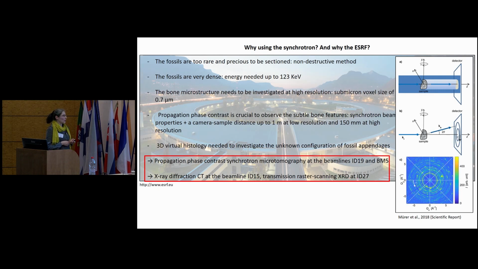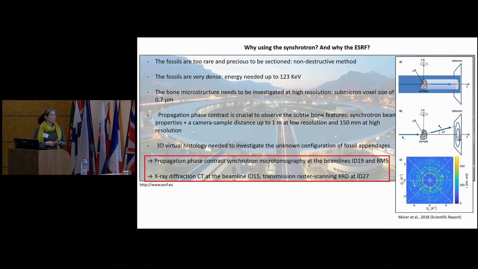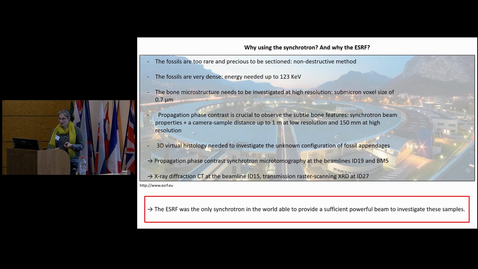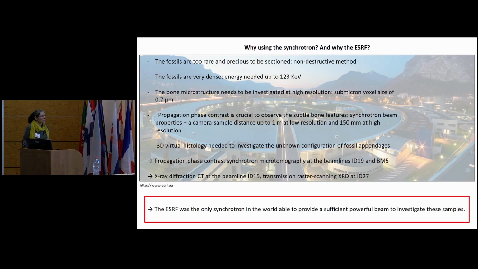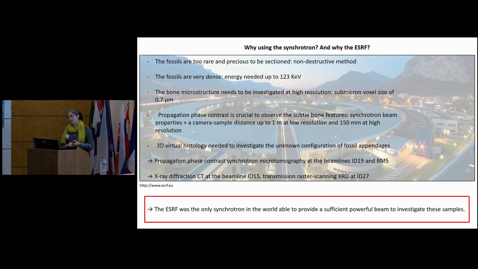And we use as well X-ray diffraction CT at the beamline ID15, as well as transmission raster scanning XRD at ID27. And ESRF was the only synchrotron in the world that was able to provide such an efficient and sufficiently powerful beam to investigate the sample we had.